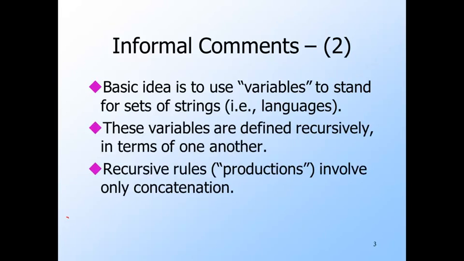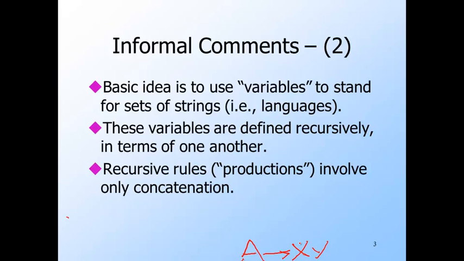The rules that define the languages of the variables are called productions. Each production has a variable on the left, say A, an arrow, and 0 or more symbols on the right. We'll draw, say, X and Y on the right that serve as the definition.